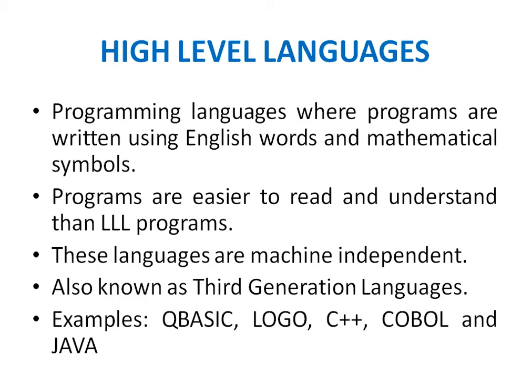That is, once developed, the programs can be used on any machine. High-level languages are also known as third-generation languages. Some examples of high-level languages are QBasic, Logo, C++, COBOL, Fortran, Java, etc.